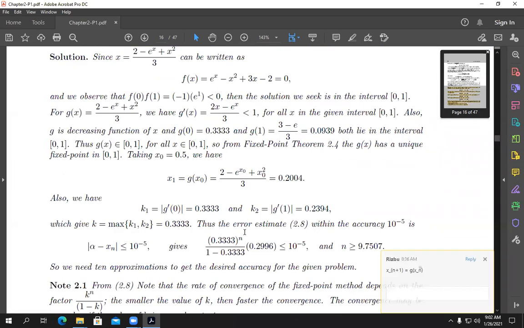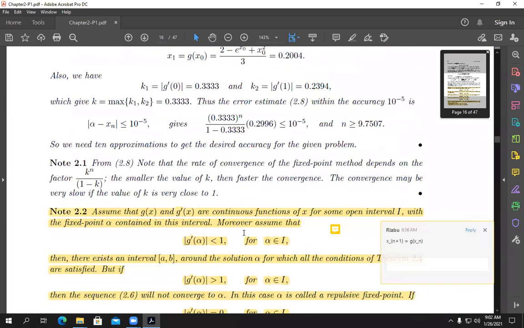Before I give you the example, this is one of the very best notes of chapter number 2. Assume g of x and g dash are continuous functions of x for some open interval I with a fixed point alpha contained in the interval.